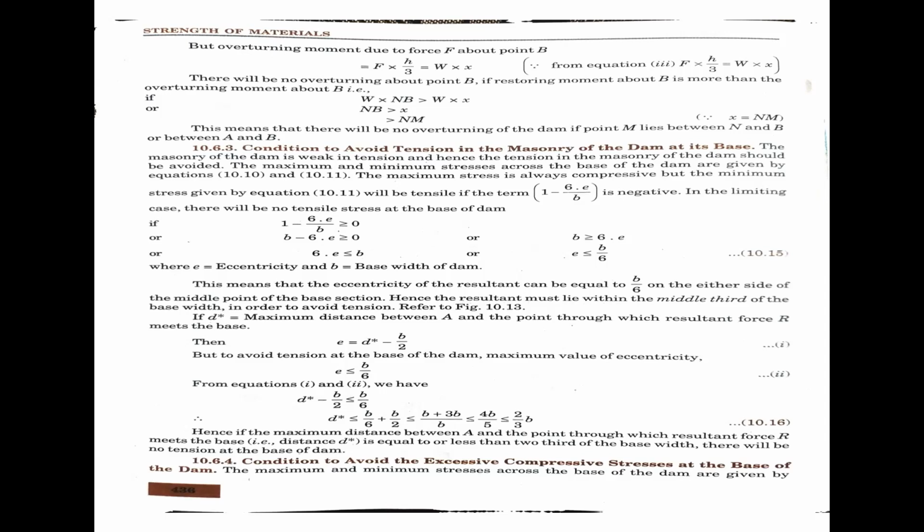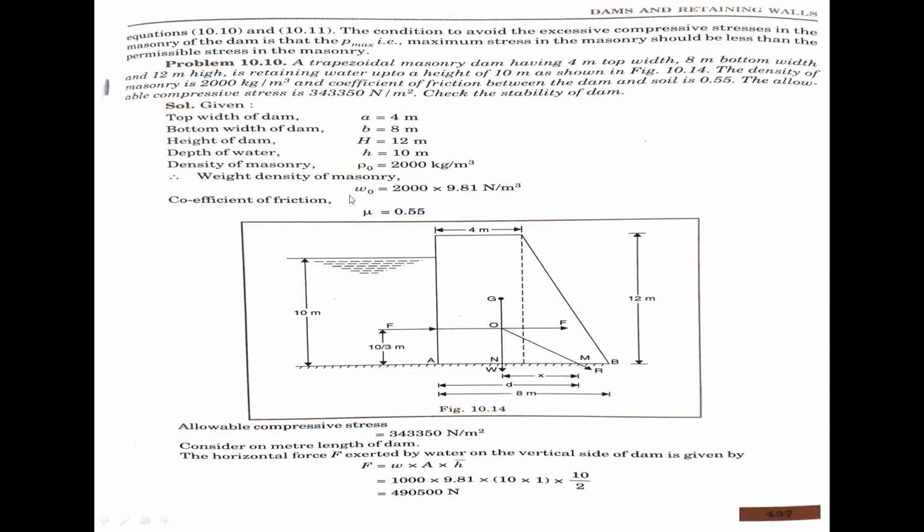Next, the condition to avoid excessive compressive stresses at the base of the dam. The maximum and the minimum stresses across the base of the dam are given by equations 10.10 and 10.11. We have already taken the maximum compressive stresses in 10.10.